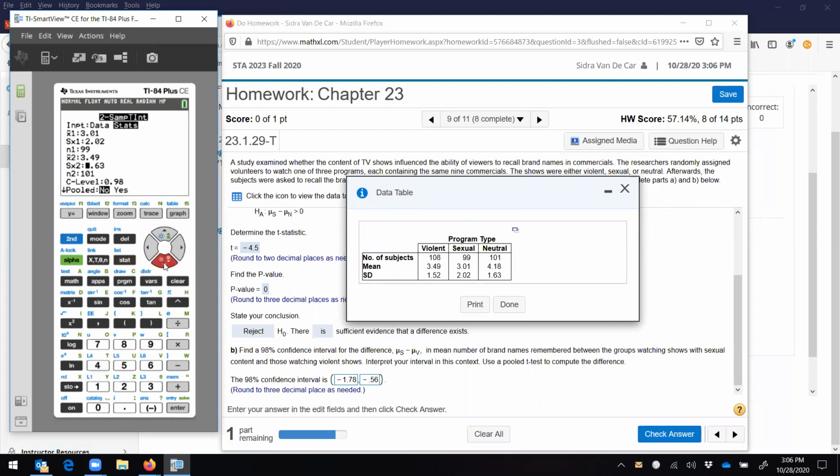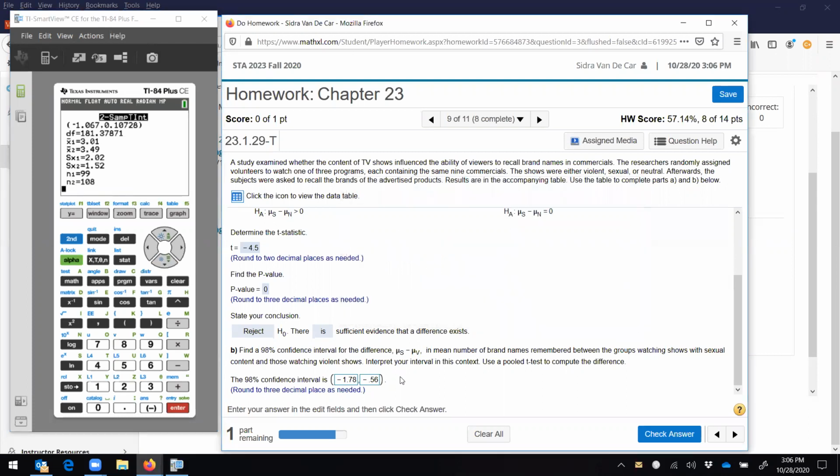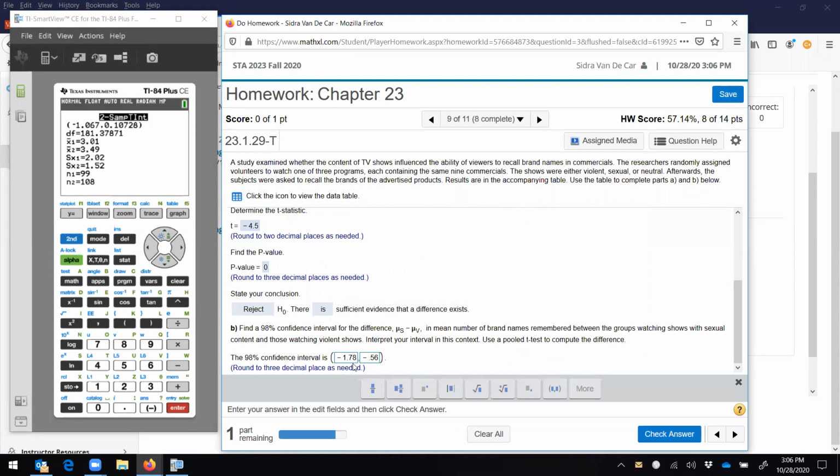And standard deviation is 1.52. And the N is 108. So negative 1.067. And 0.107.